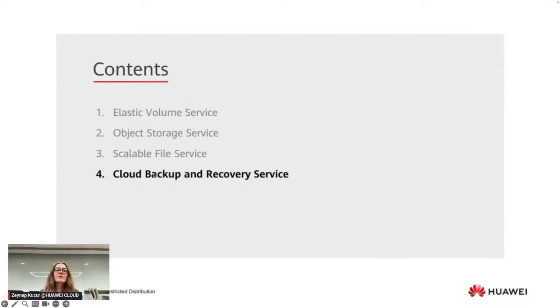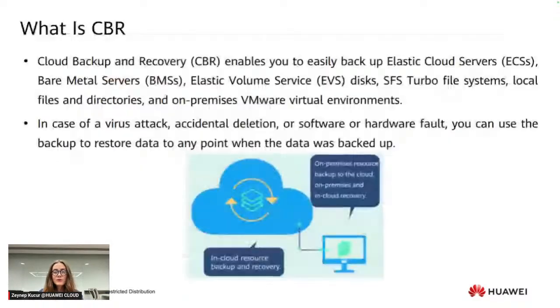Let's continue with our backup and recovery service. We saw this option while purchasing ECS. So what is CBR? CBR, or Cloud Backup and Recovery, is a service that helps you back up various resources like ECS, BMS, EVS disk, and SFS turbo file systems.